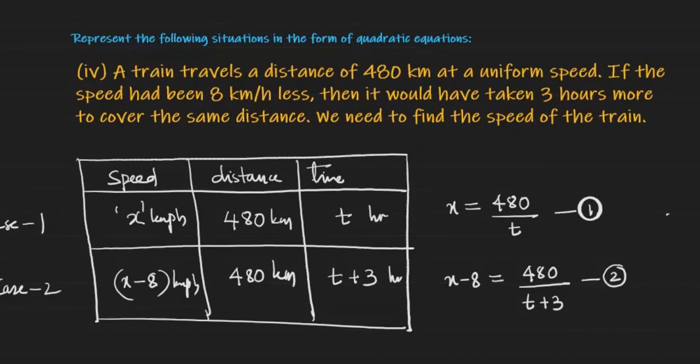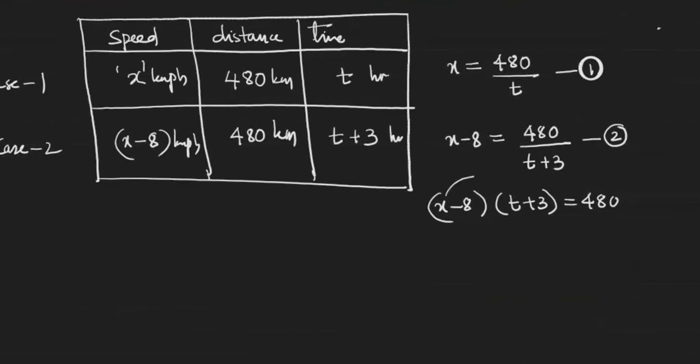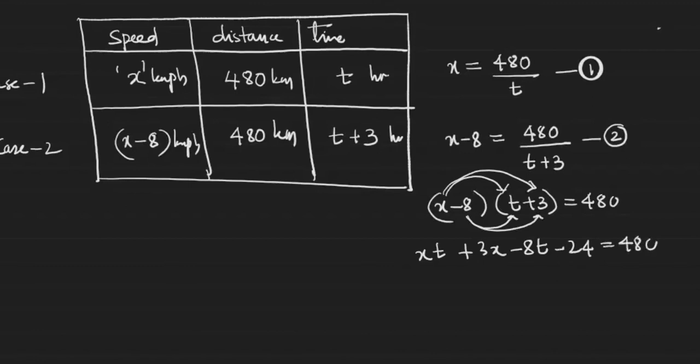Let me shift t plus 3 to the left hand side and we get x minus 8 into t plus 3 equals 480. So if I simplify, I get x into t, x into 3, that is 3x, minus 8 into t, minus 8t, minus 8 into 3, minus 24, which is equal to 480.